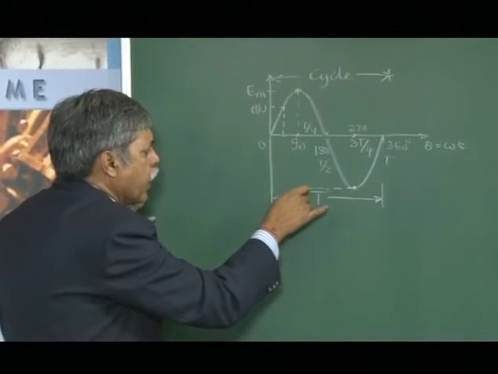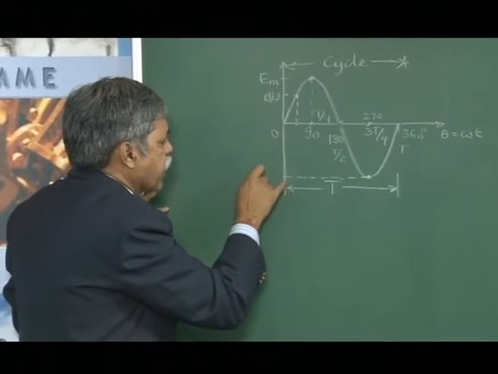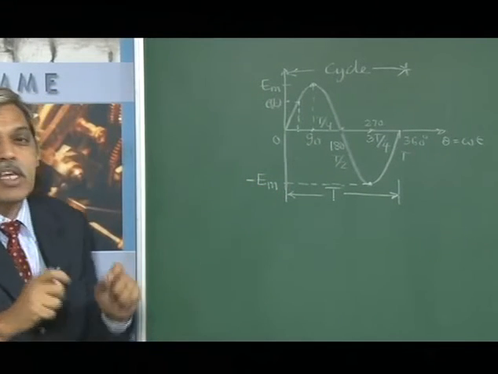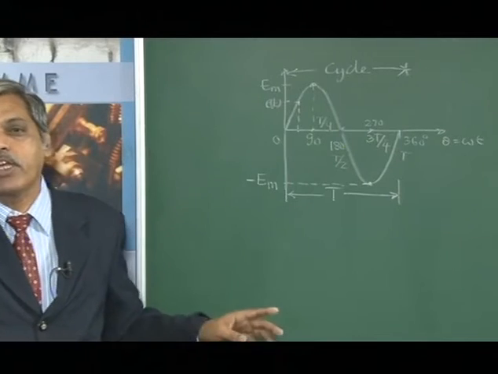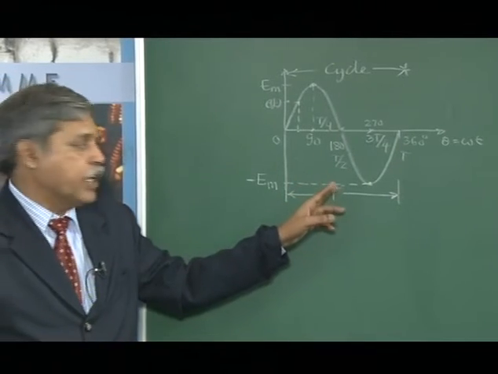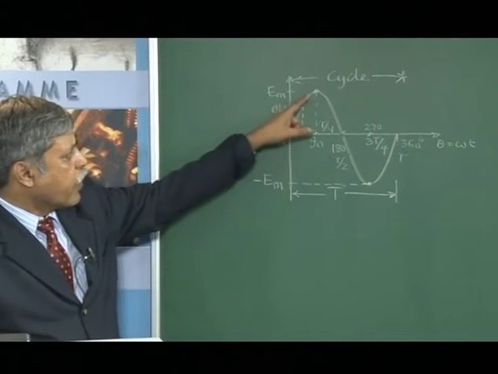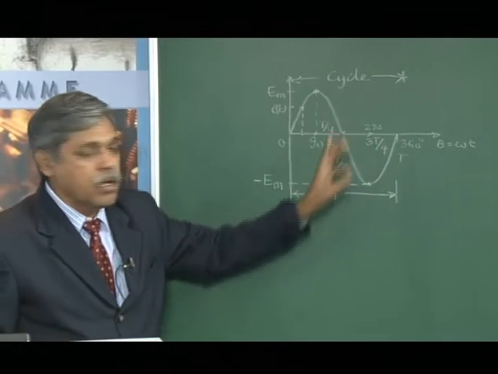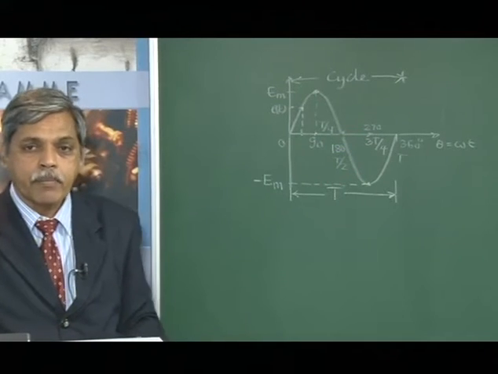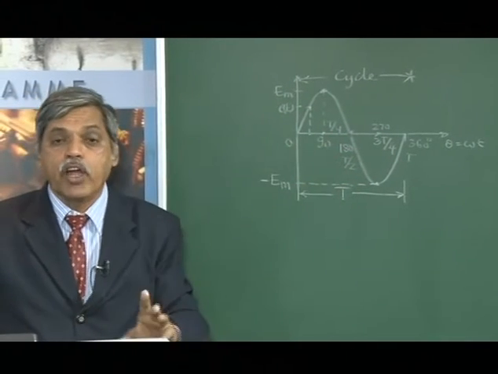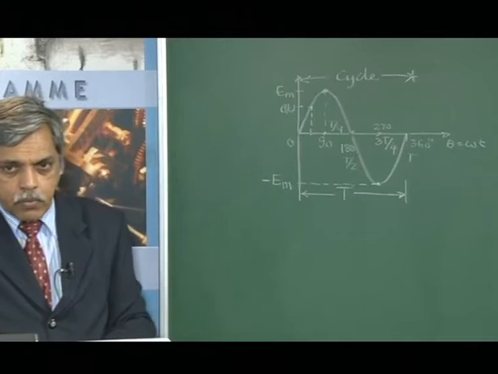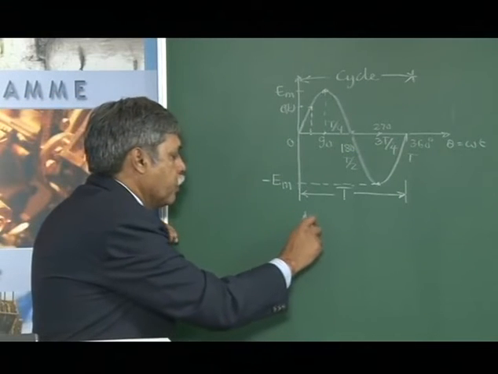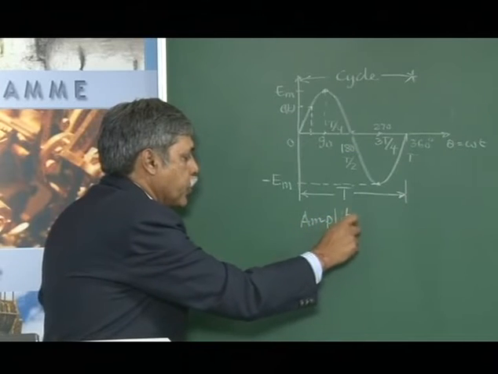For a coil following a sine curve, the maximum positive and negative values are equal in magnitude, only the direction of the induced EMF in the negative half cycle differs. Only then do I call the waveform periodic. We can also call this maximum value the amplitude.